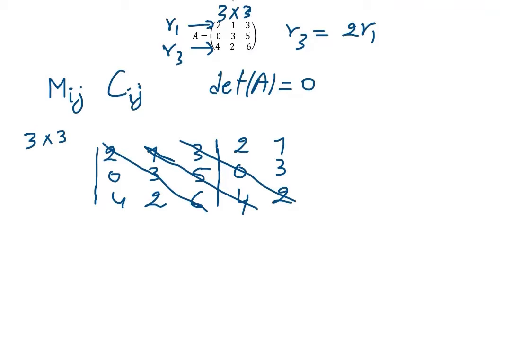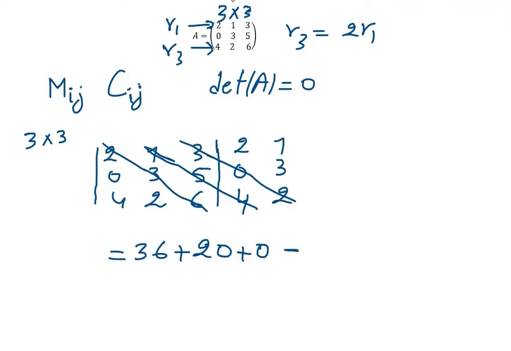So this will be equal to 2 times 3 times 6, which is 36, plus the product of this element here, 1 times 5 times 4, which is 20, and the product of this 3 element here, 3 times 0 times 2, which is 0 because you have 0 here.